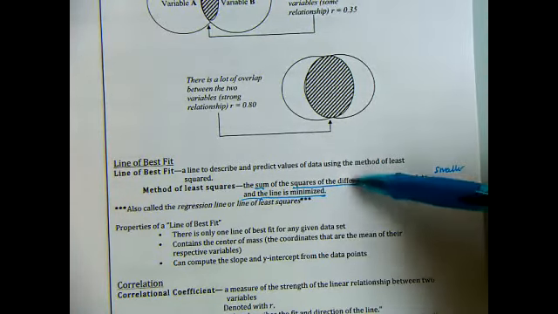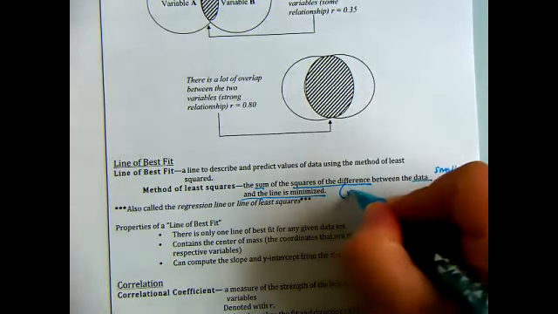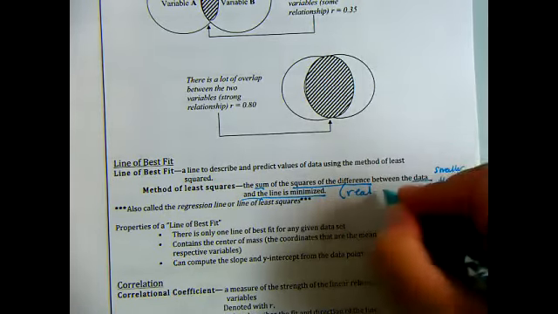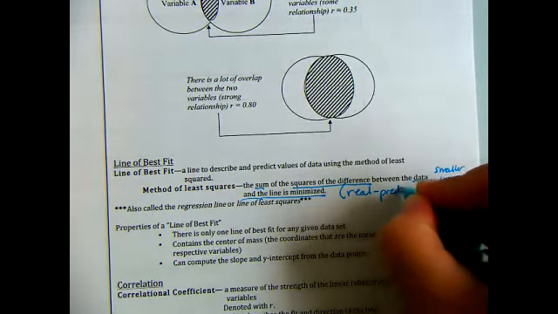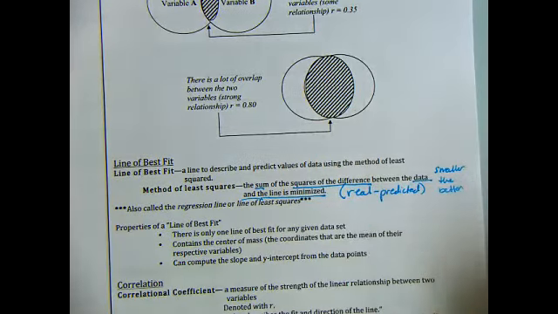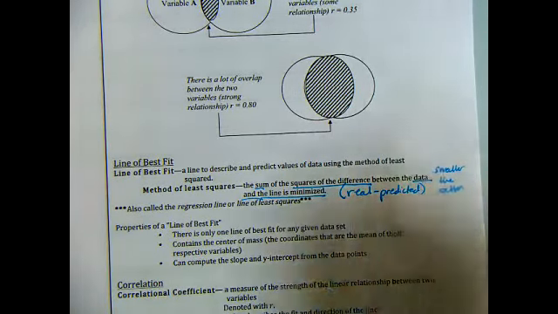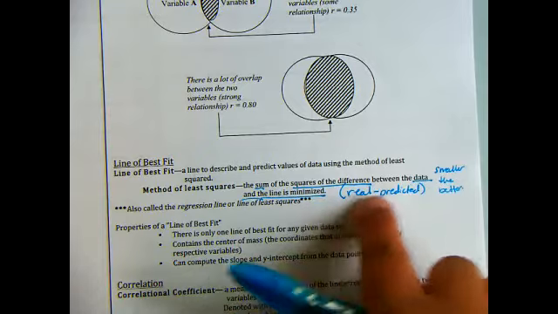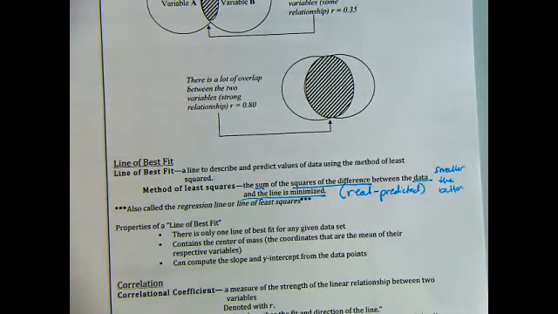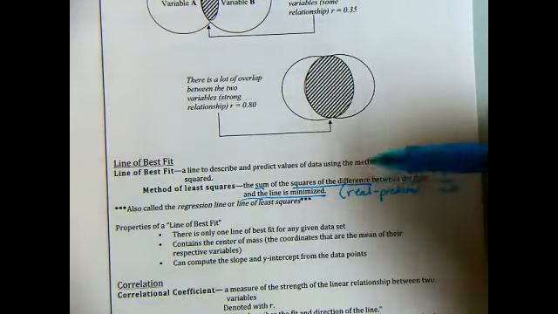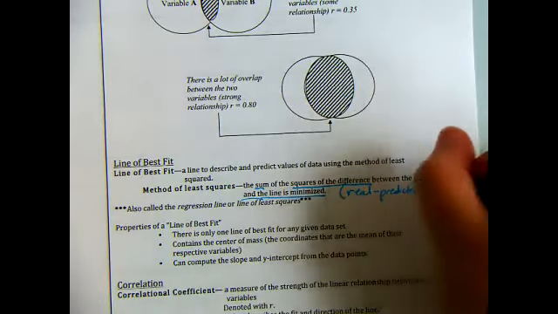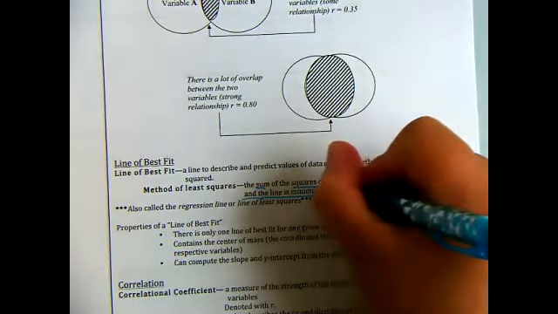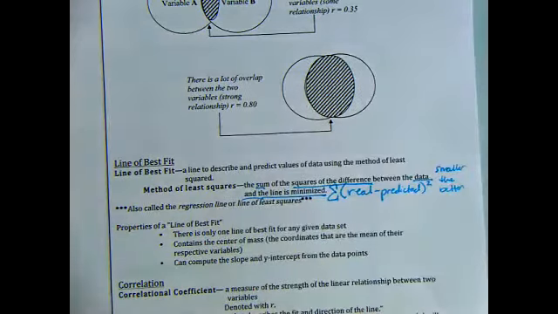You're looking at the difference between your real data and your predicted data. So what we do is we take the real, subtract it from the predicted, square that, and then add all of them together.